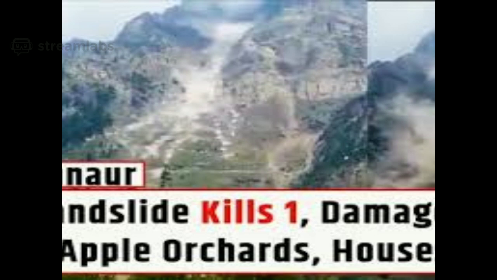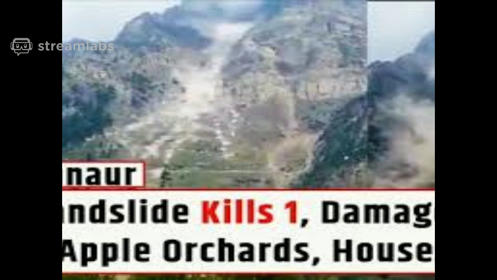Now let us look at one of these massive landslides. I've brought this picture for you, of Pangi village, near Rekong Peo in Kinnaur district of Himachal Pradesh. This picture I think is in your book also. It damaged a 200-meter stretch of the old Hindustan-Tibet road and killed people and damaged houses and orchards. On National Highway 22, the landslide was triggered by blasting at Pangi village.